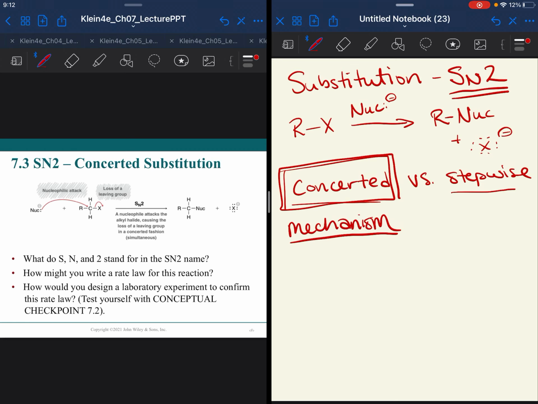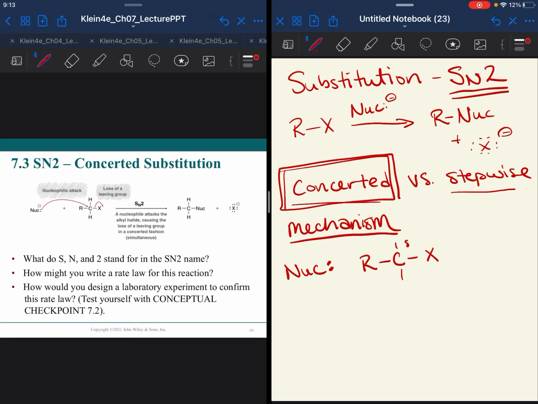Now, this is a very important vocabulary word. When I ask for a mechanism, I am not asking for starting materials yield products. I am looking for the curved arrow notation, the story of how we go from starting material to products. And so the mechanism of the SN2 reaction, you are going to have an area of electron density. There will be some sort of lone pair most of the time in your nucleophile that will be attracted to the carbon in the substrate that is attached to the halogen.